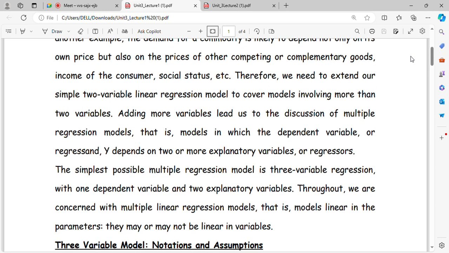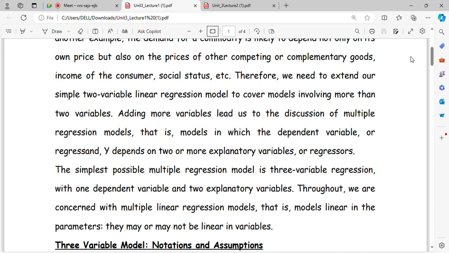They may or may not be linear in variables. এটা খুব ইন্টারেস্টিং একটা ব্যাপার যে আমরা ধরে নিই যে মডেলটা সবসময় লিনিয়ার ইন প্যারামিটারস হবে, it may or may not be linear in variables. মানে আমাদের যে রিগ্রেশন ইকুয়েশনস গুলো হয় y equals beta 1 plus beta 2 x, beta 1 plus beta 2 x1 plus beta 2 x2 এরকম করে, এখানে x can be x square, x cube, log x, it can be anything, but beta 1, beta 2 must be linear, they should not be quadratic or cubic functions.